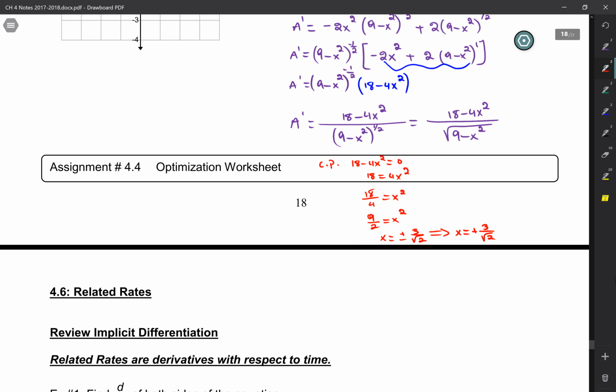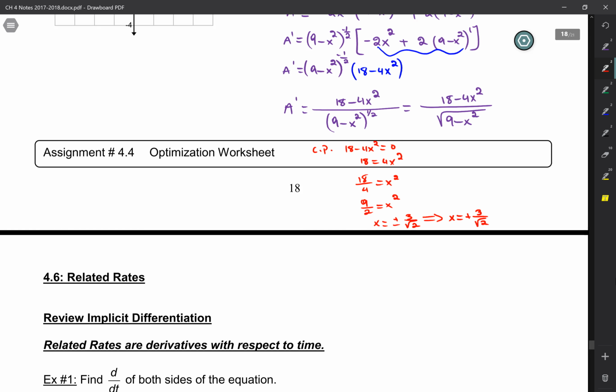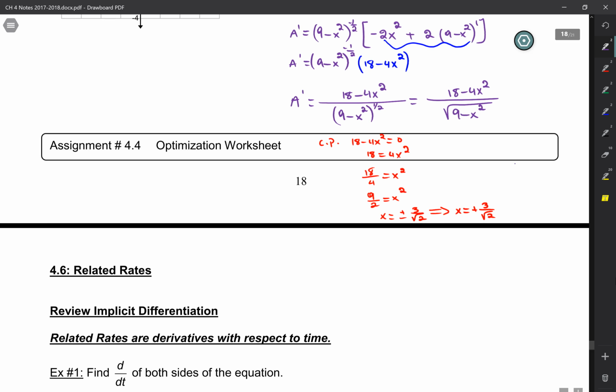Now, back to Jordan's question, you also have to set the denominator equal to 0 because that's where your A prime is undefined. So from the denominator, what do we get? We get that 9 minus x squared is equal to 0. So x is 3.